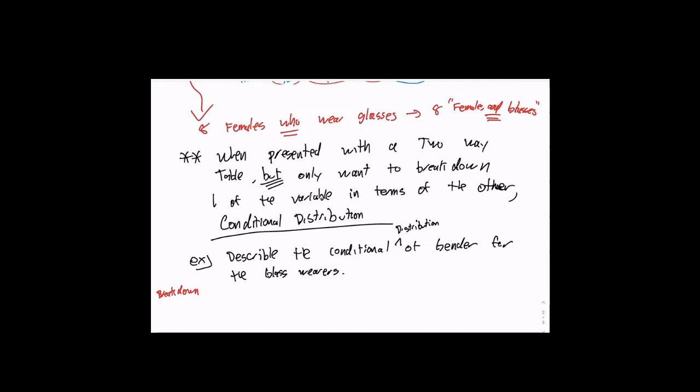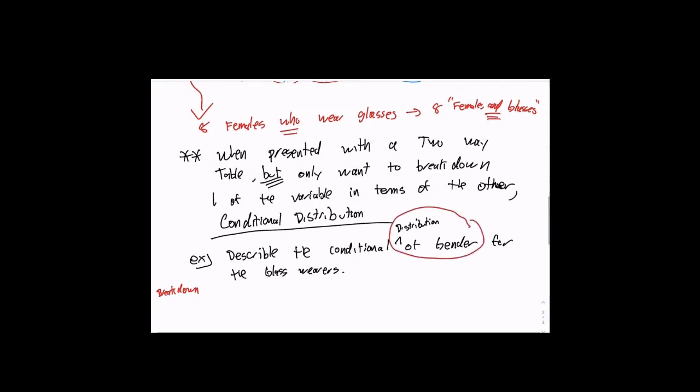Glass wearers? Gender. Well, yeah, gender. It's written together. It's right here, right? We're looking at the distribution of gender. So we're trying to break down gender, which means males and females. So my answer should say blank males, blank females.